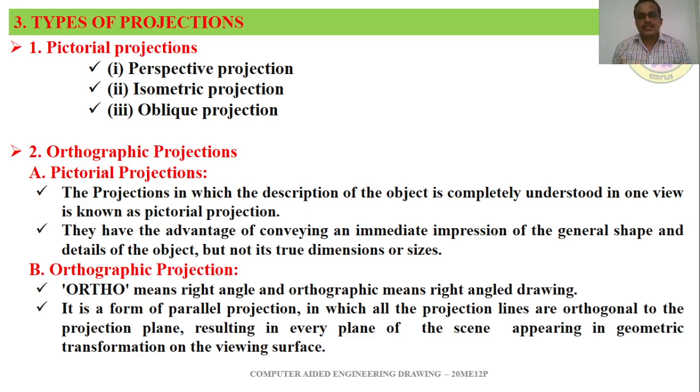Before discussing orthographic projection, we'll understand the different types of projections we have. Generally, projections are classified into two important subcategories. The first one is pictorial projections, which is again divided into perspective projection, isometric projection and oblique projection.